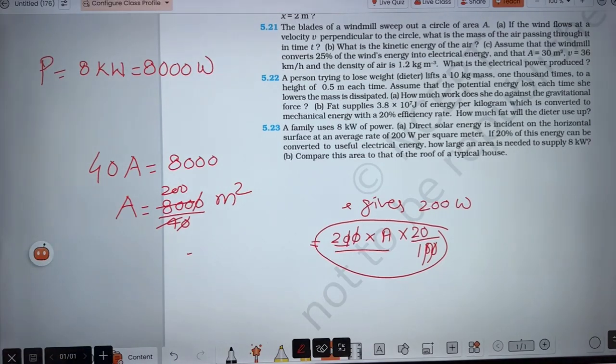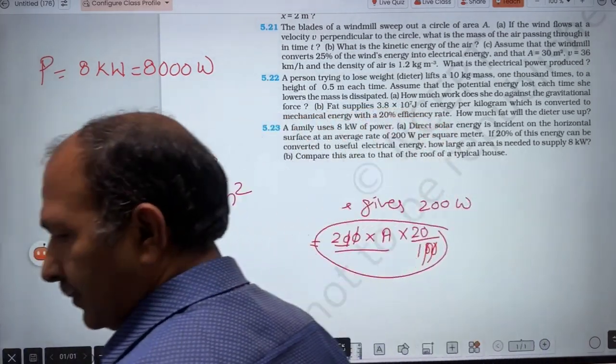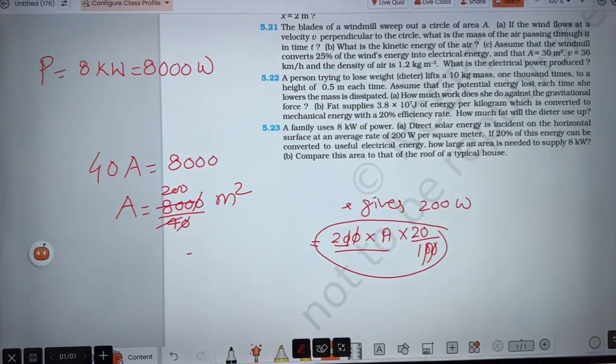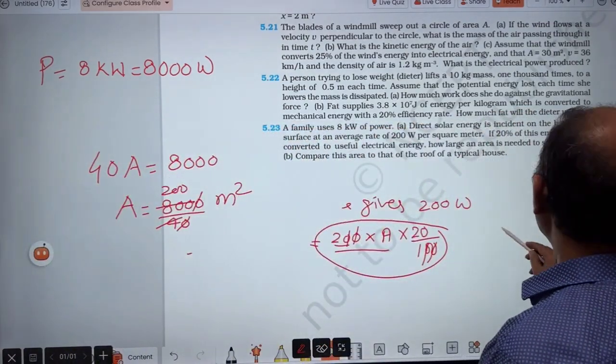So 200 meter square means what? What will be the dimension of house, length and width, if you consider that?